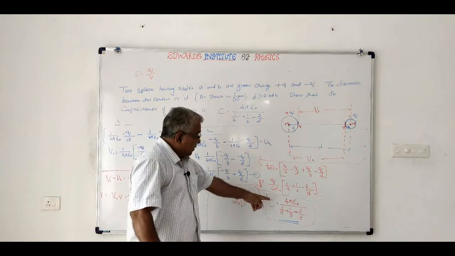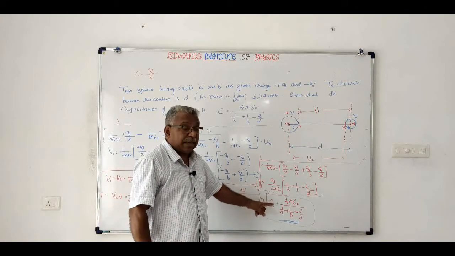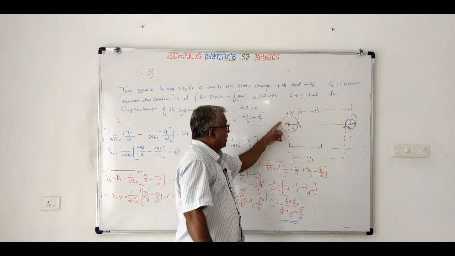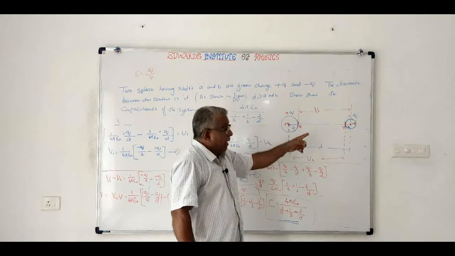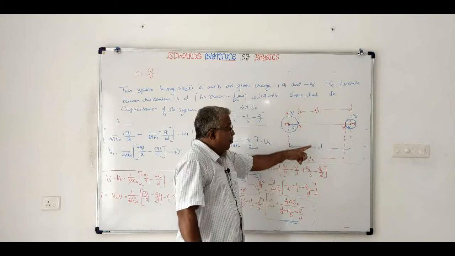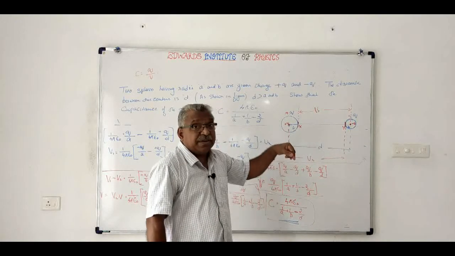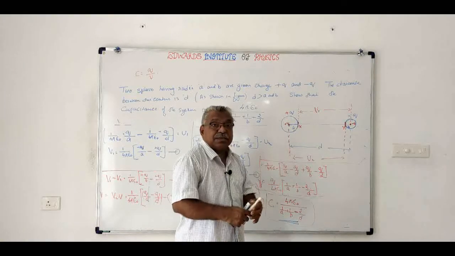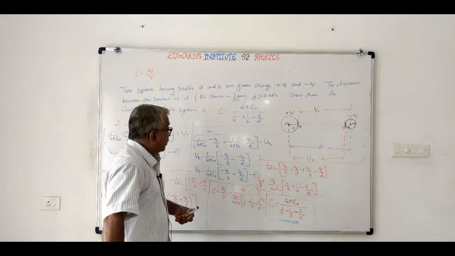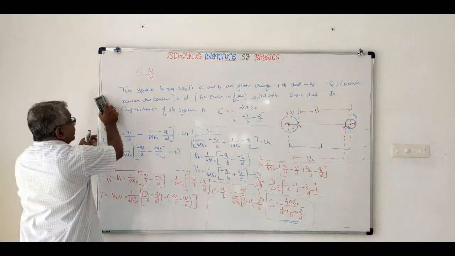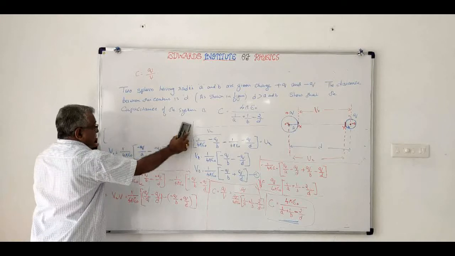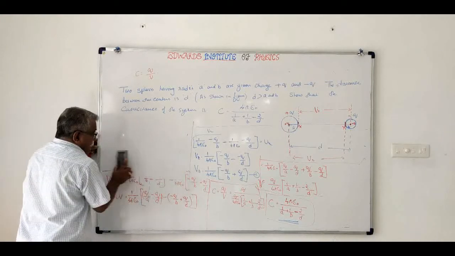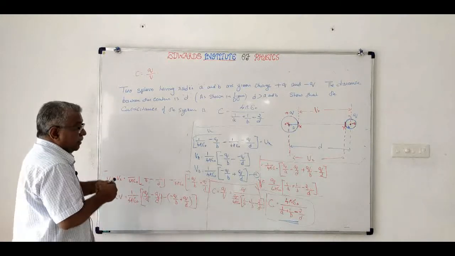Now let us see the special case of this equation. Here the two spheres are there with radius a and b, at a distance d. Now imagine that d is very, very large. That is one of the special cases. Then what will happen to this equation? The equation you have got is this one.